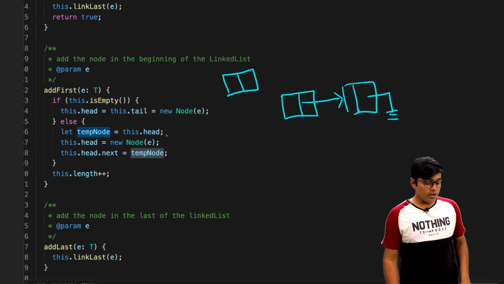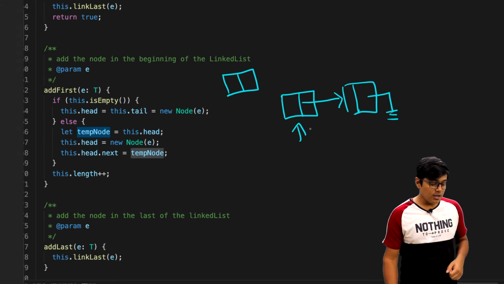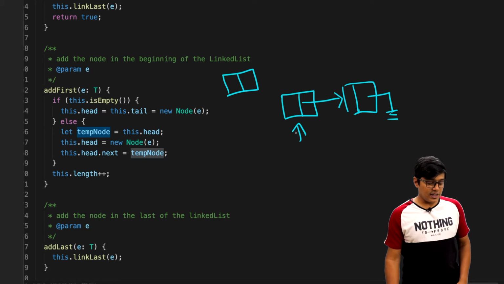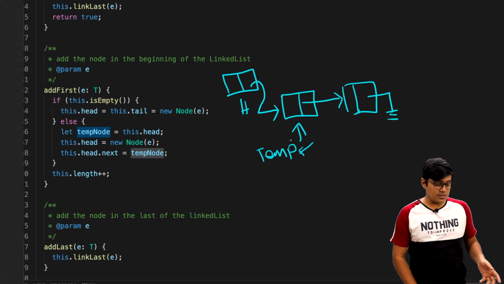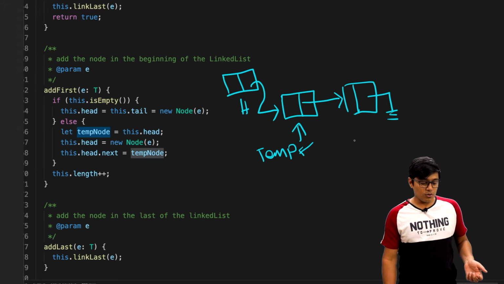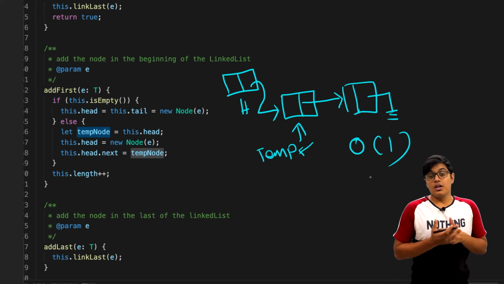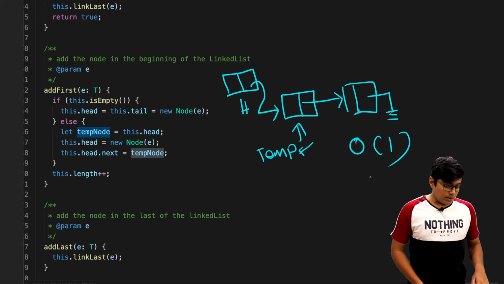We have the head pointer, so we first assign the head value to a temp node. Then we change the head to the new node. Now the head is this, and we set head dot next to the temp node. So this is simple, and as I already told you, the time complexity will be big O of 1, so it's constant time complexity.